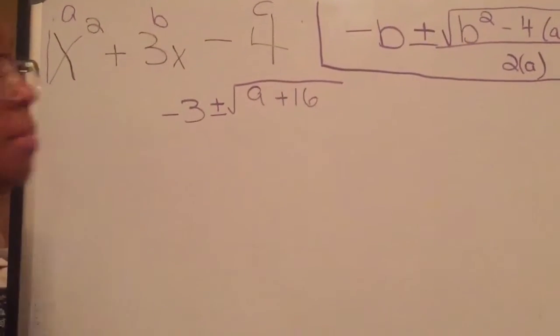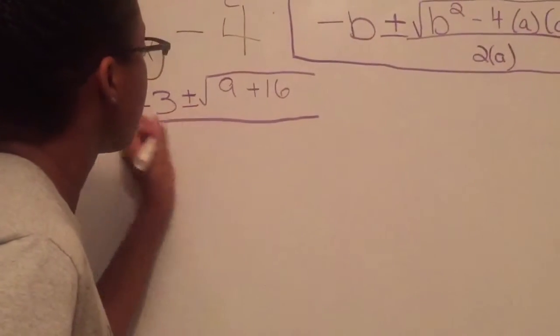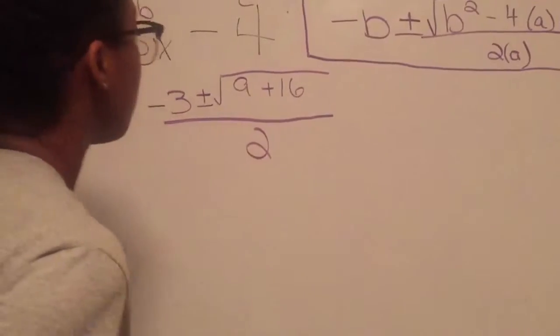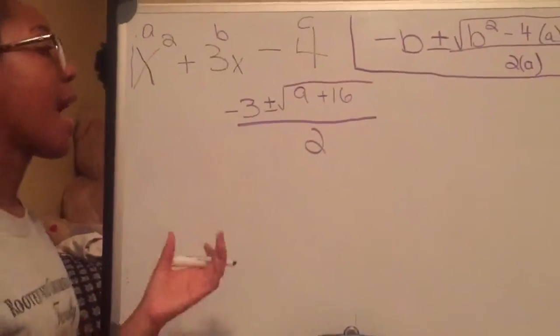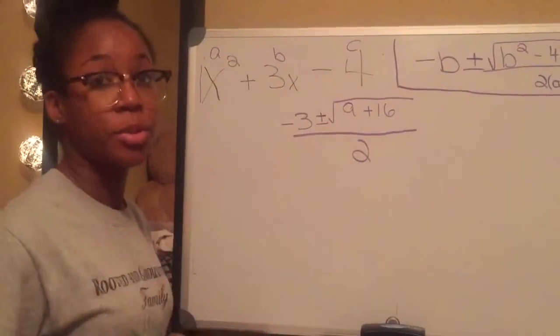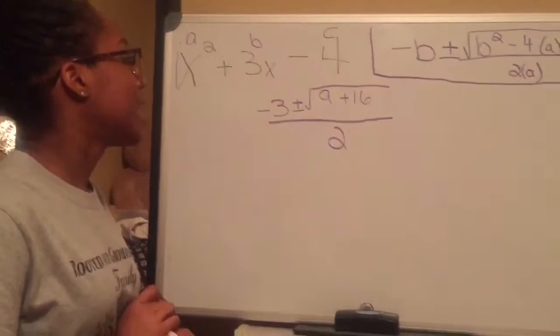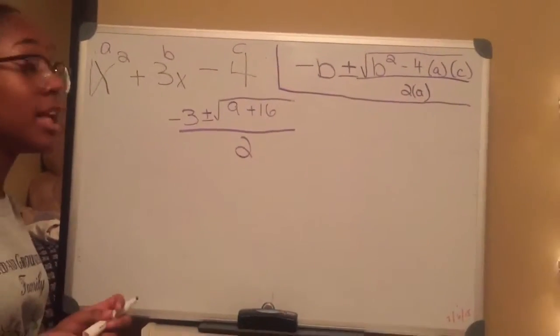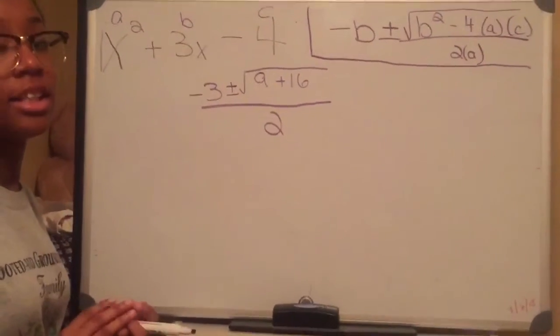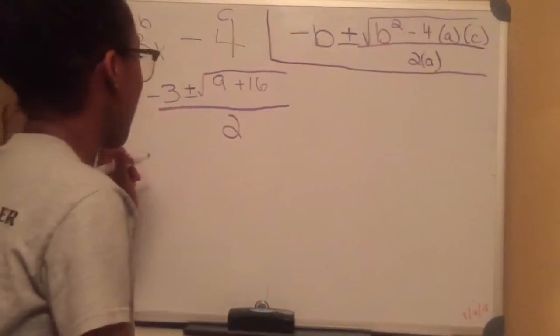So your bottom denominator will just be 2. Now that you have everything filled in, you can add, subtract, and divide these things. So 16 plus 9 is 25. So I'll write that.